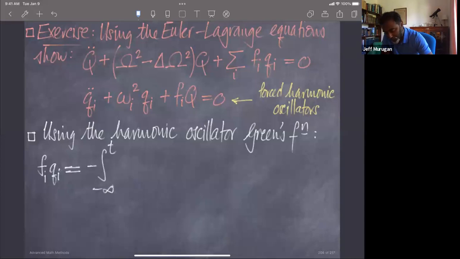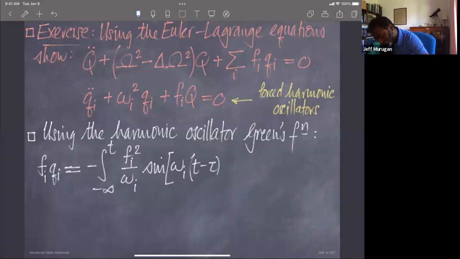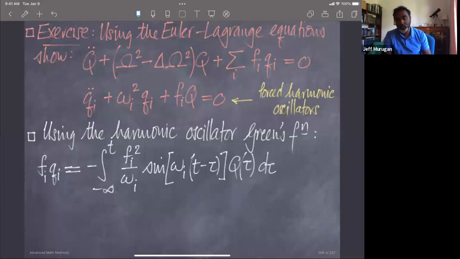It's Fi squared over omega i sine of omega i times (t minus tau) q of tau d tau. Okay, so that's the solution for the whole n oscillators in the bath.